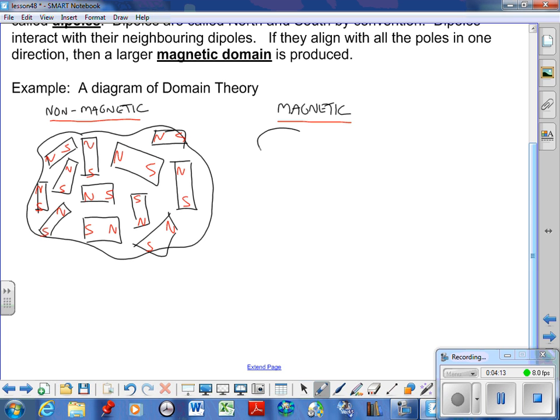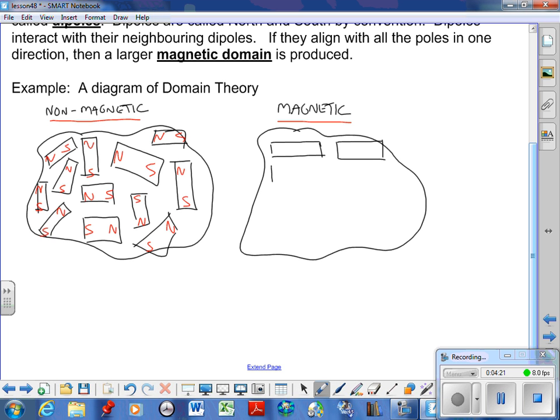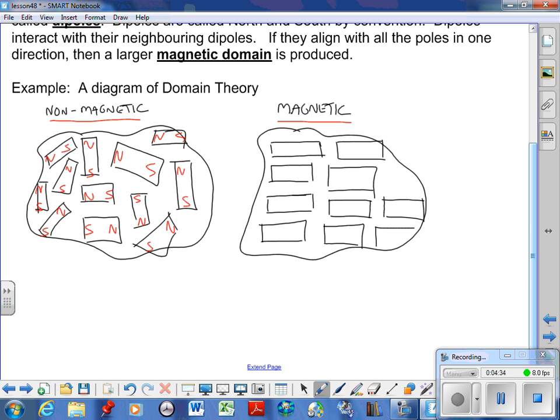We get a very similar microscopic view; the difference is all of those dipoles now line up. Our theory is that this is what happens to all of those dipoles, that they all start aligning themselves, and that's what makes our material become magnetic. So everything matches up, and there's your domain theory.